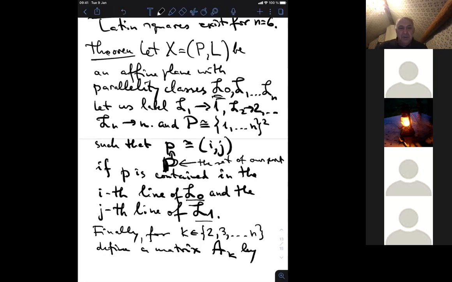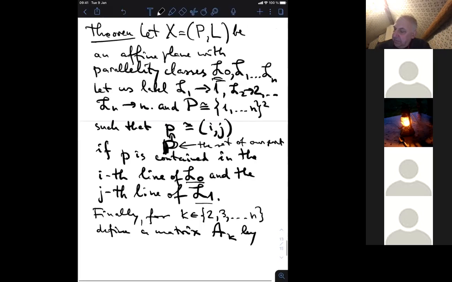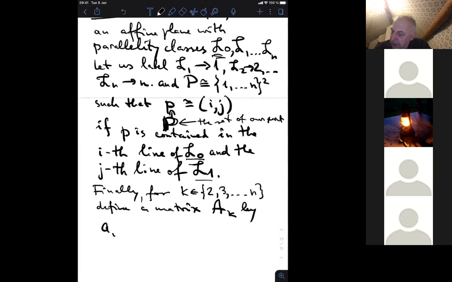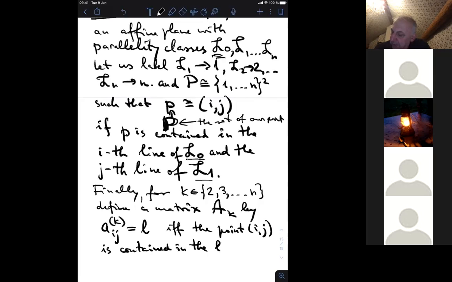so we're almost done. So the entry A_ij of this matrix A_k would be l if and only if the point ij is contained in the lth line of the class Lk.